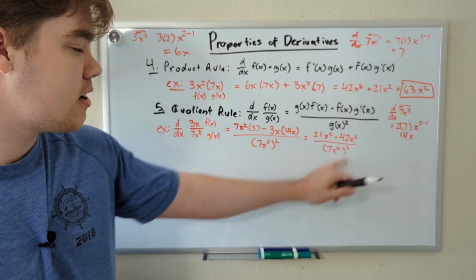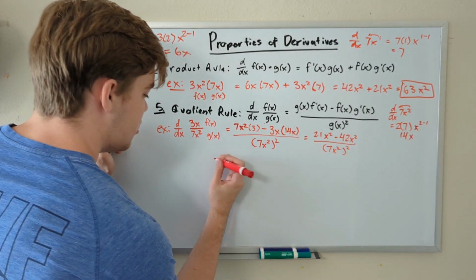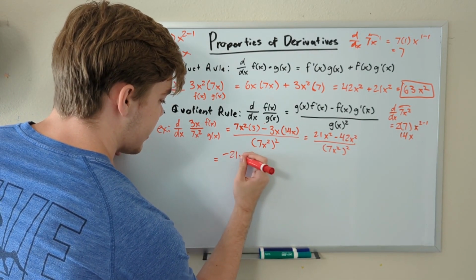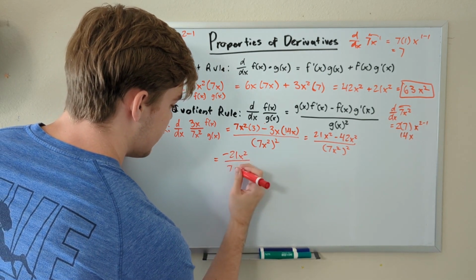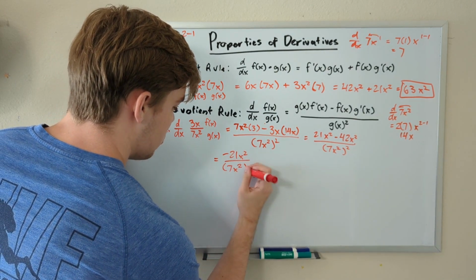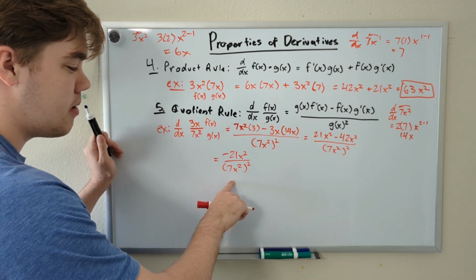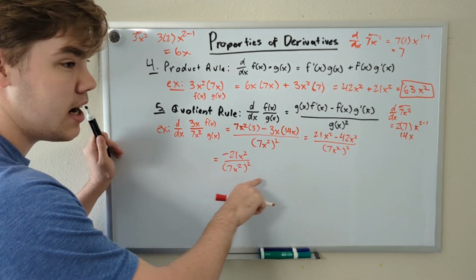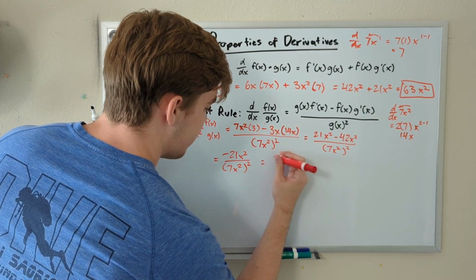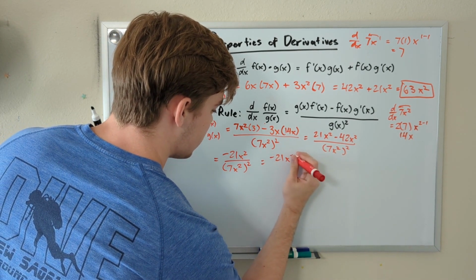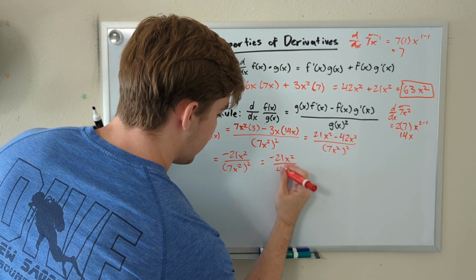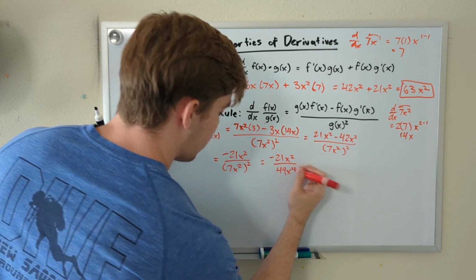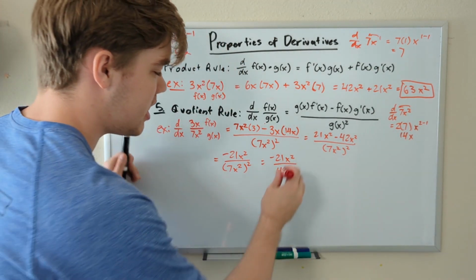We can combine like terms here. So this is now equal to negative 21x squared divided by 7x squared, squared. To square 7x squared, we just need to multiply 7x squared by 7x squared. So this is now equal to negative 21x squared divided by 49x to the fourth. We can actually cancel out these x's on top and bottom.